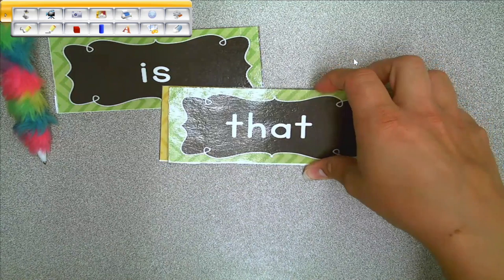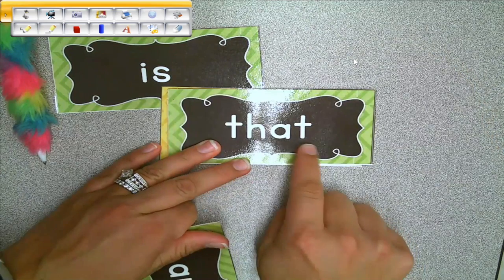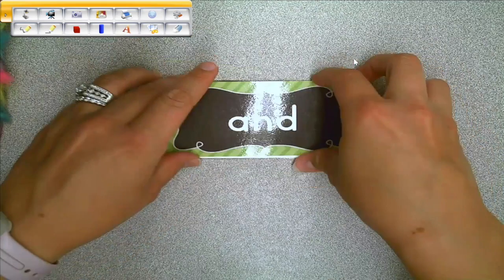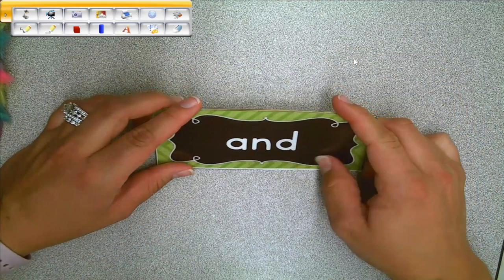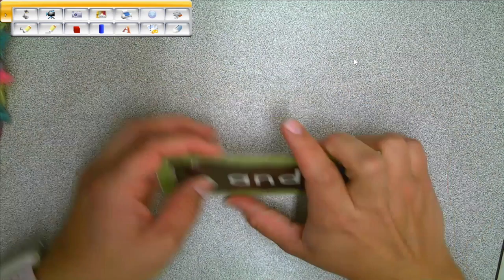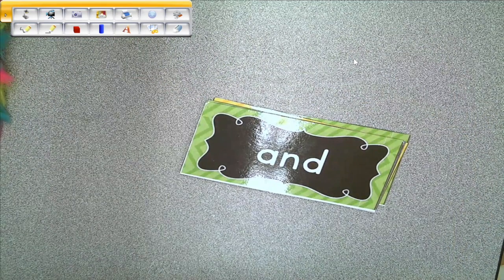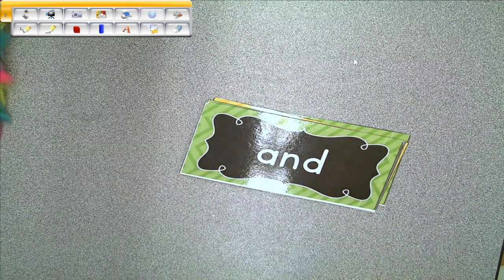That. Does it have a word family that it belongs to? At family. Very good. And lastly, but not least, what is this word, class? And. A-N-D. And. We have one more word, but I can't find it. So I will find it. Wait. It's see. S-E-E. Like I see you.